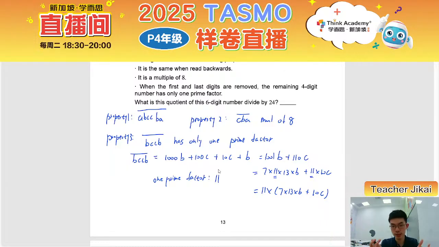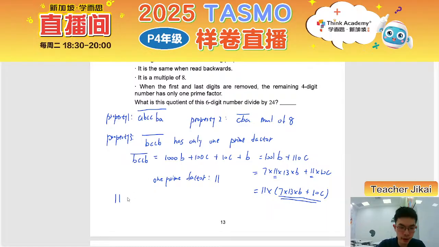No matter what, it is 11 times something, and 11 is a prime factor here. So we know this number can only be composed of 11. So it can be either 11 square or 11 cube.